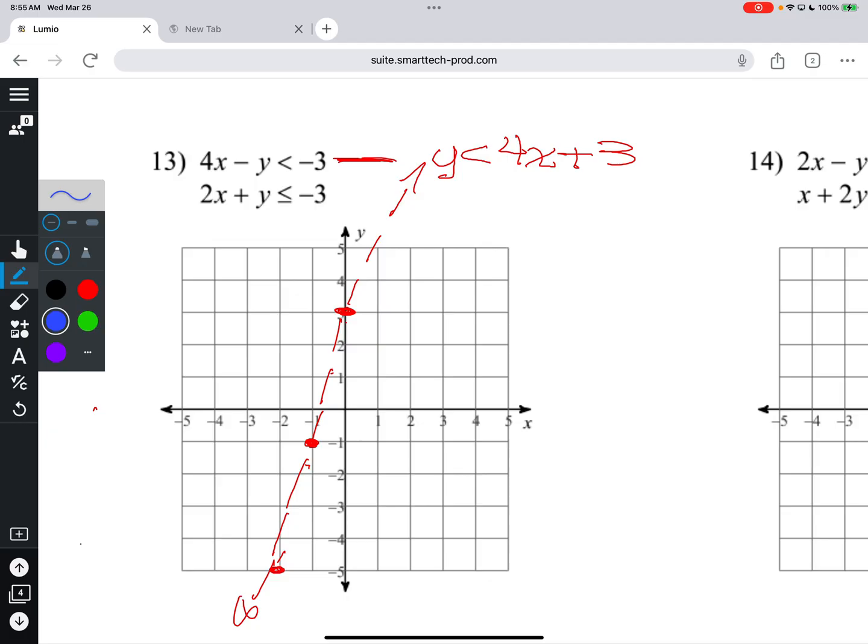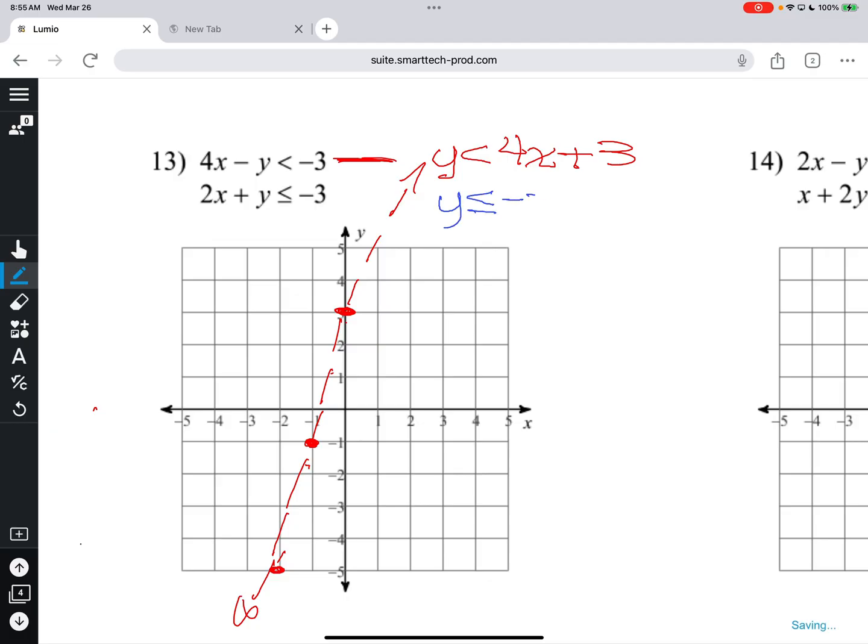For the second equation, you got what? Negative 2x minus 3. All I heard was minus 3, that's why I was asking what else she said. All right. Agreed? Yes, ma'am.